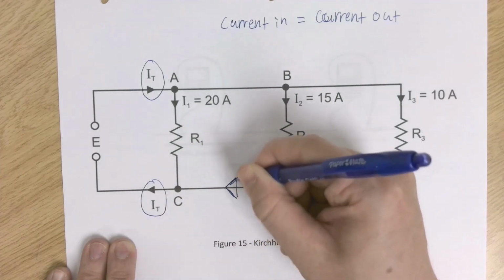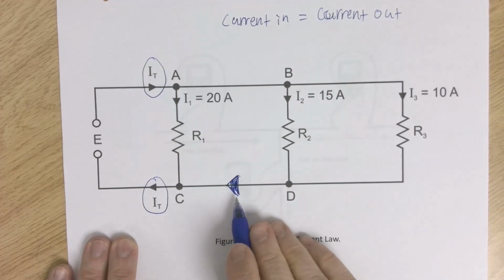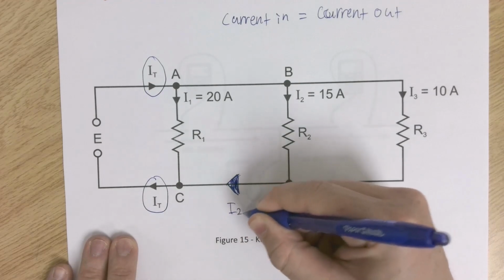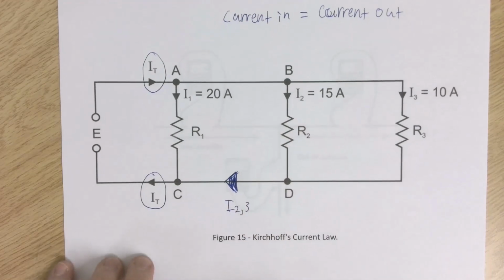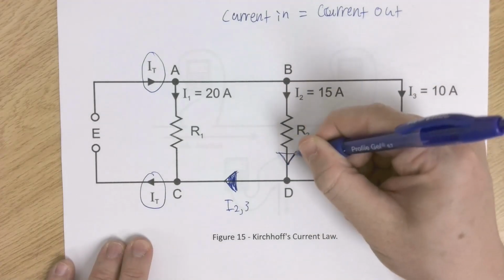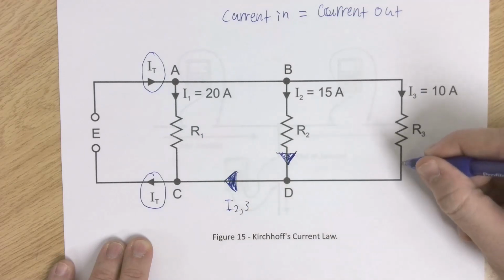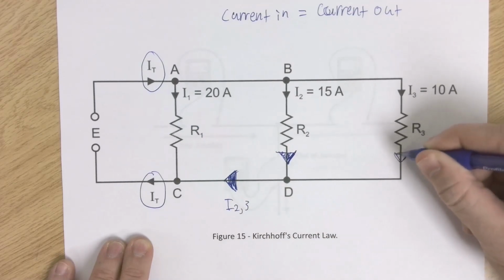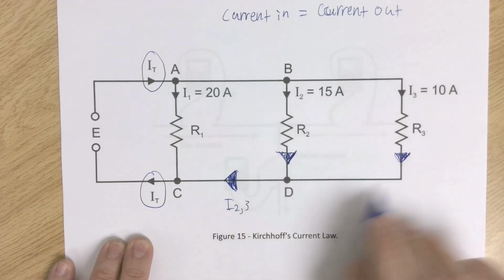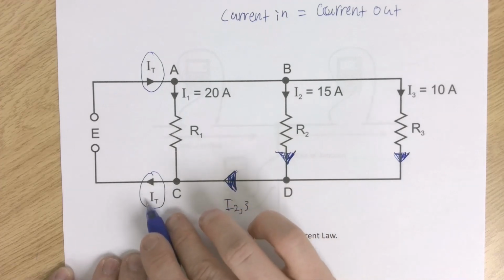So if we were looking at the current at this point, it's not the total current, it's basically the current of 2 and 3, because the current is still flowing through these resistors. We're only adding up the current flowing through these 2 resistors, not this one. So it's not the total current of the circuit.